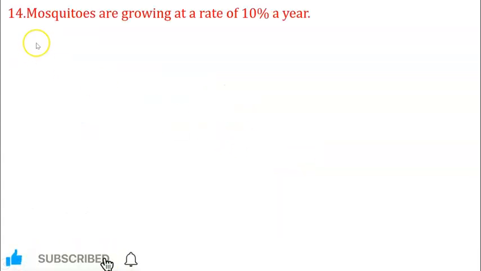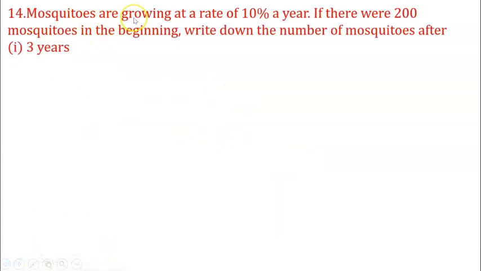Now next question. Mosquitoes are growing at a rate of 10% a year. If there were 200 mosquitoes in the beginning, write down the number of mosquitoes after 3 years, 10 years and n years.